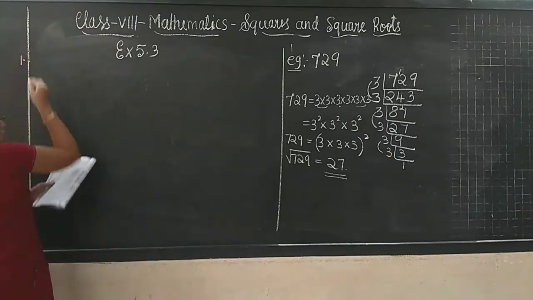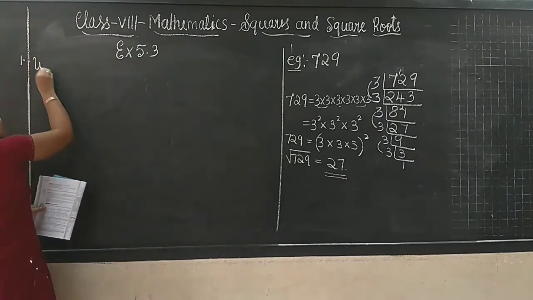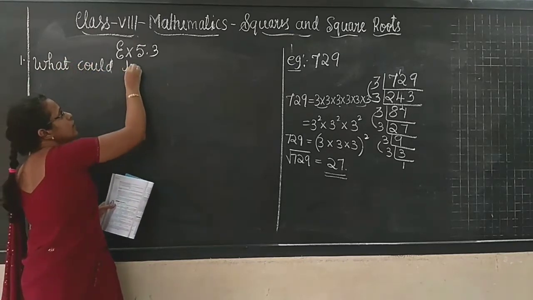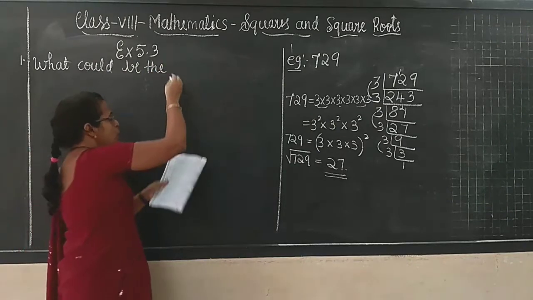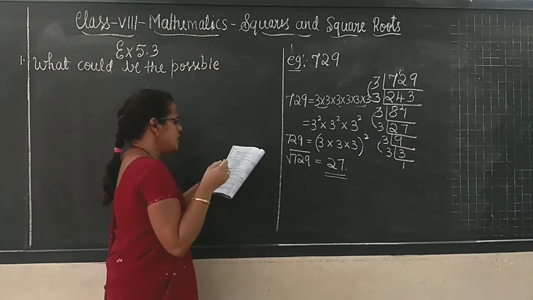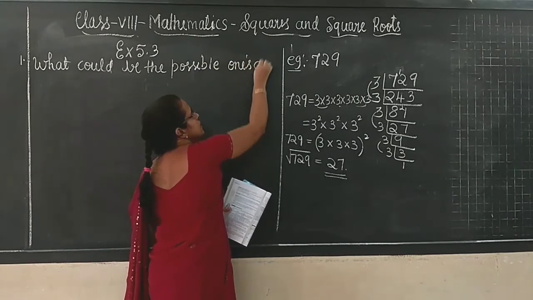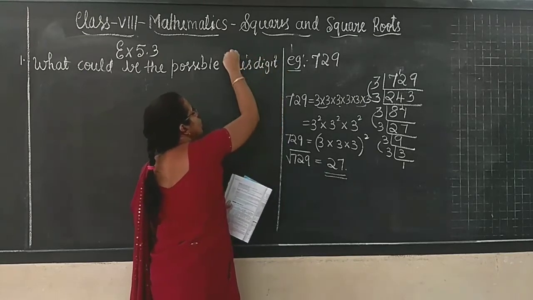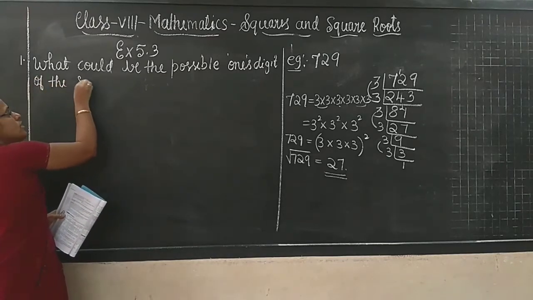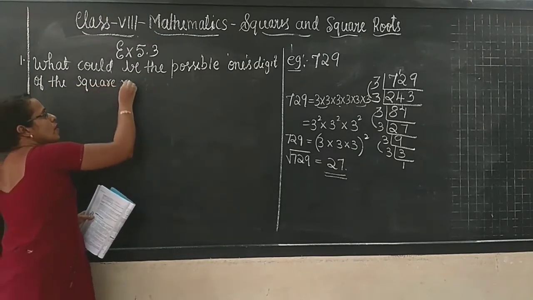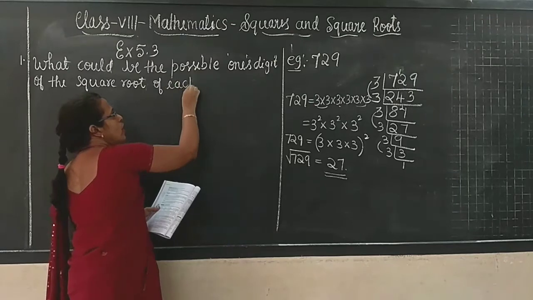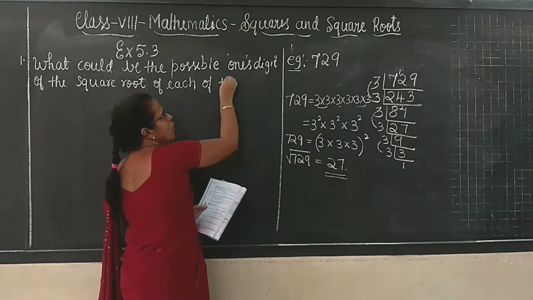Without actually finding the square root, what could be the possible ones digit of the square root of each of the following?